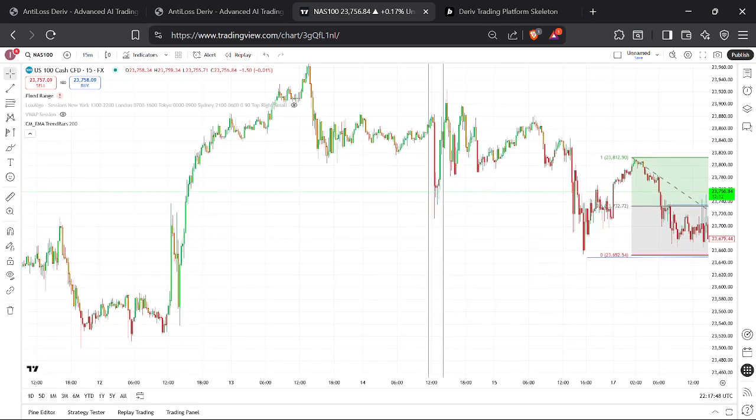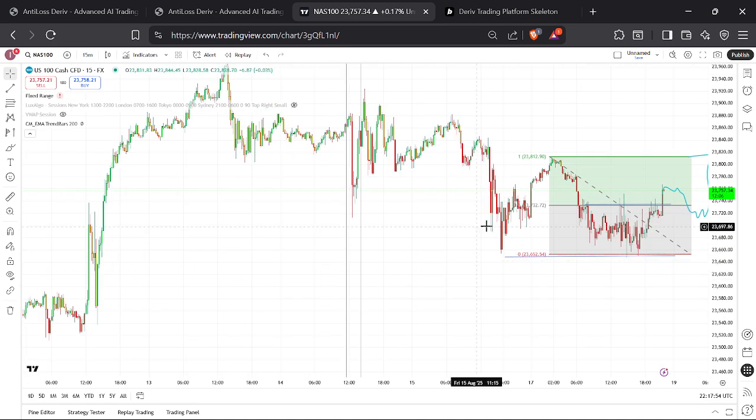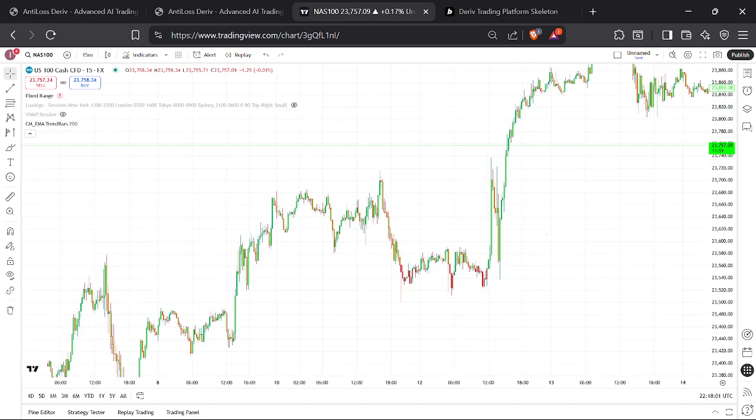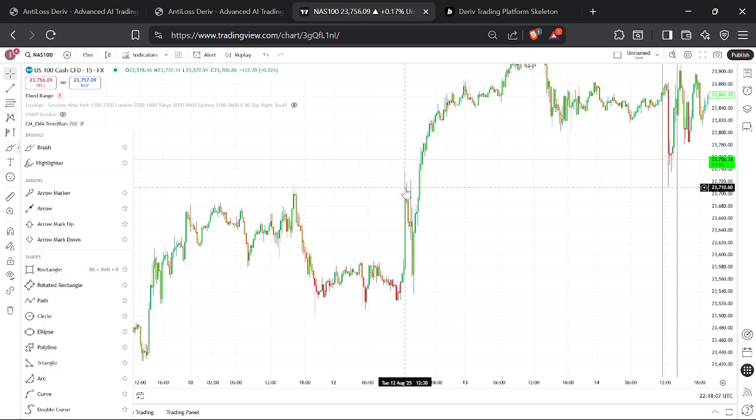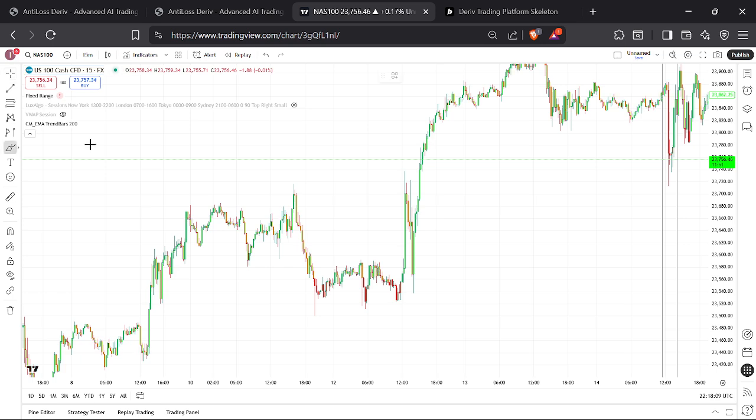One thing before I go, you can also see this demand zone right over here, which I think has been respected, because I can see the market is reacting to this level, and I believe it's also a place where the market has reacted. I'm talking about this place right here.